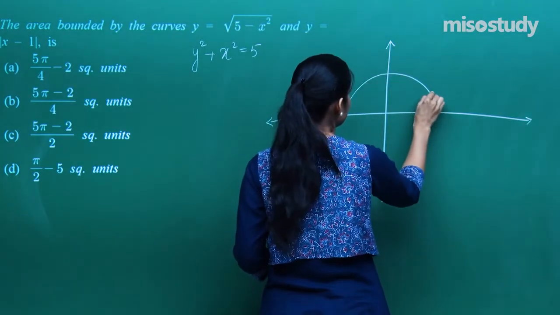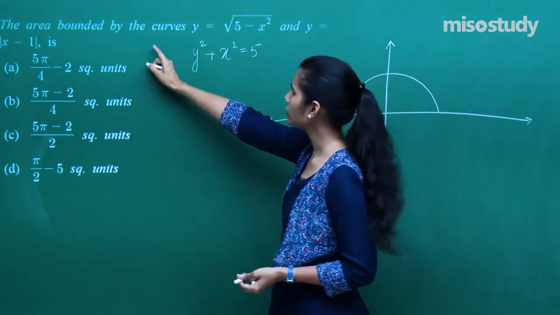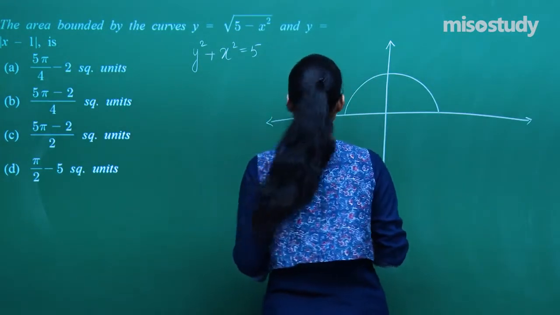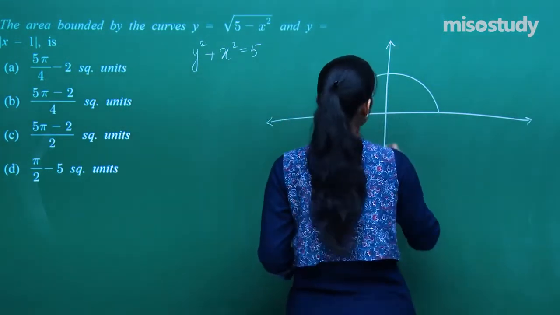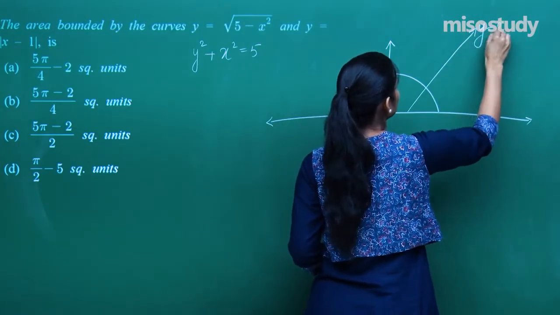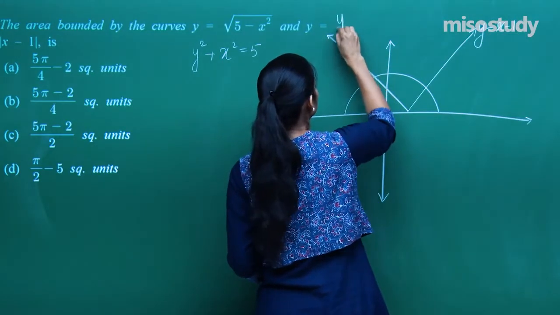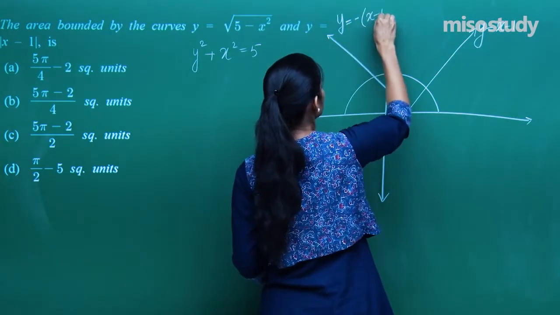But I would just be interested in plotting the upper part of the circle because I want to talk about the area bounded by this curve and mod of x minus 1. Mod of x minus 1 is y equals x minus 1 and y equals minus of x minus 1.